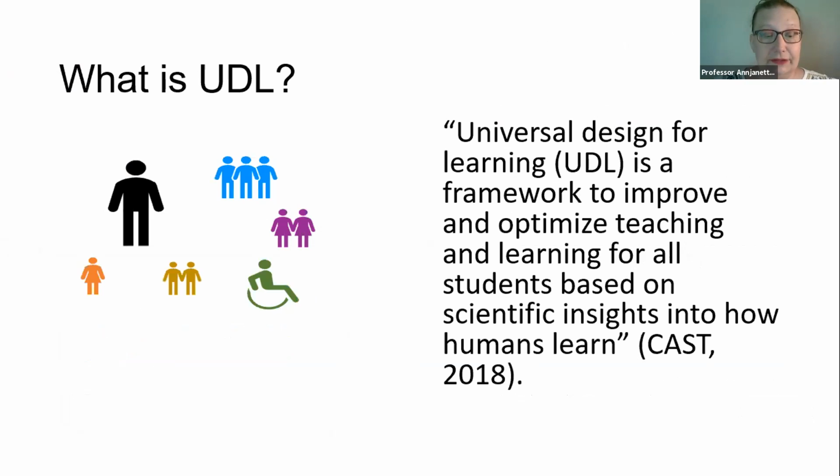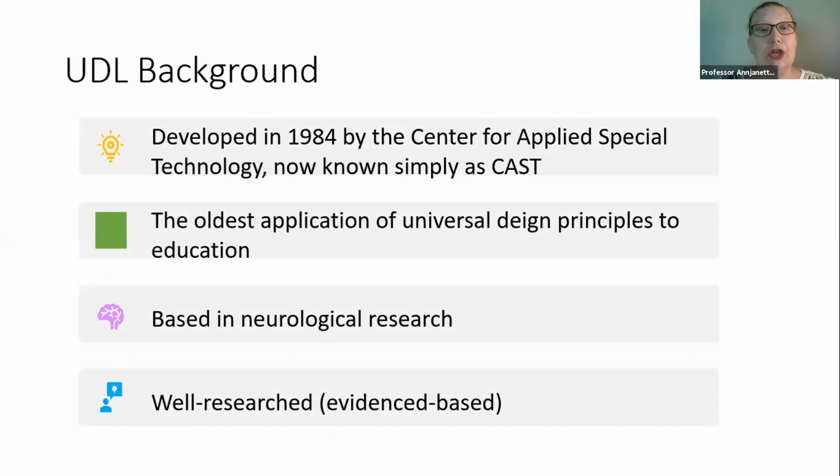So to get started, UDL stands for Universal Design for Learning and is a framework to help improve teaching and learning for all students. It's based on scientific insight and research into how the brain works and how humans learn. The UDL framework was developed by the Center for Applied Special Technology, or CAST, in 1984, as technology was beginning to enter everyday life.